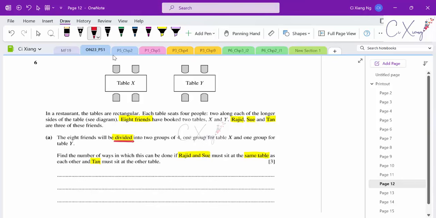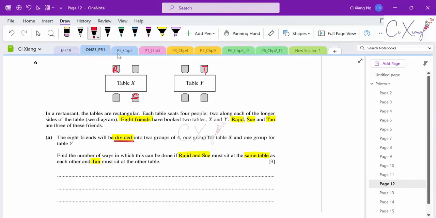Okay, let's talk about the first case. Let's say Rajit and Sue must be in the same table, no matter where they sit, it is not important where they sit. So I just know that both of them must be in the first table, and T must be in the second table. So we fix them directly first into 2 different tables. We fix them separately first because this is a restriction.